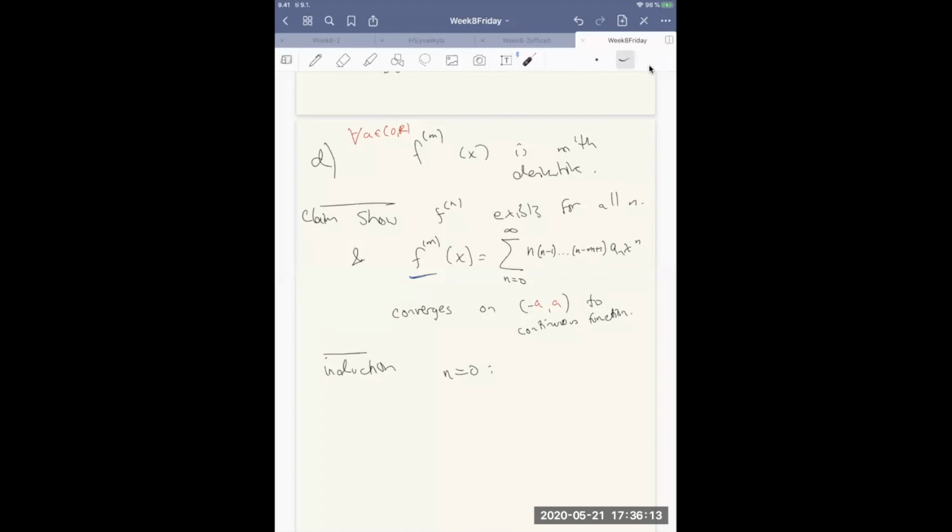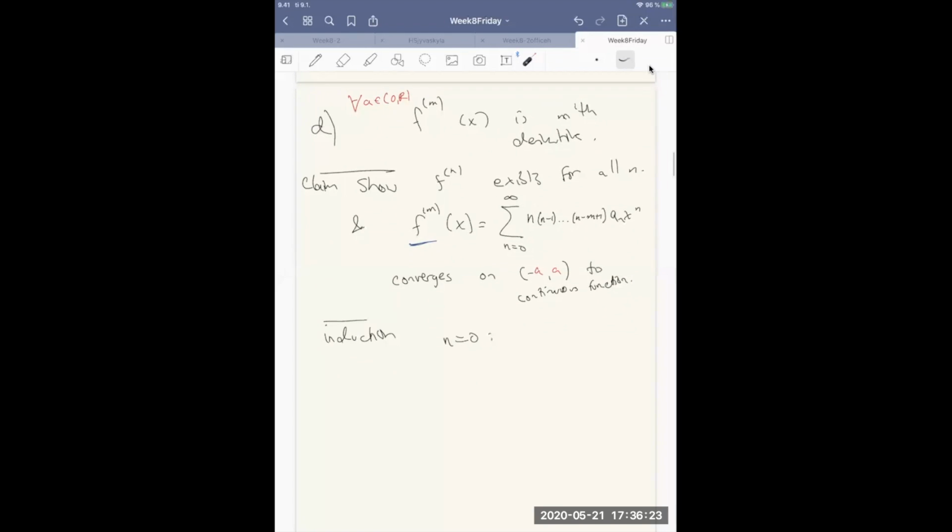So you can go by induction to get this statement. So we want to show that the derivative exists for all m. And this proof will focus on the case m equals 0, and then the induction step m to m plus 1.